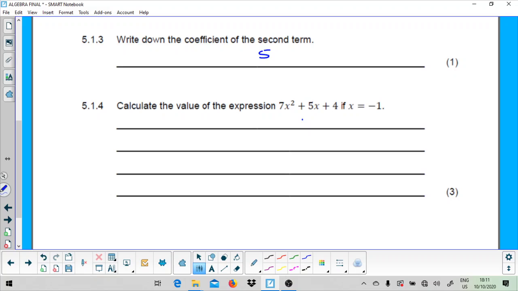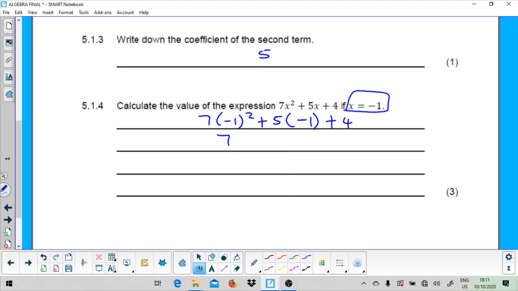Right, now calculate the value of the expression if x is equal to -1. So you're going to substitute wherever there is x, you put -1. So I'm going to put -1 like this. Plus 5, and then that's -1 again, plus 4. That's all you have to do. So just remember, -1 squared is the same as saying -1 times -1. So that's 1.